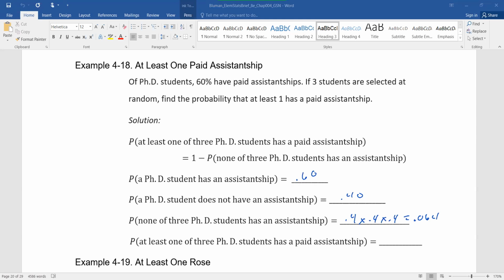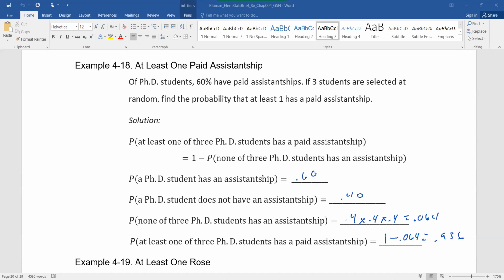Then at least one of the 3 having it is 1 minus none of them having it: 1 minus 0.064, which is 0.936.